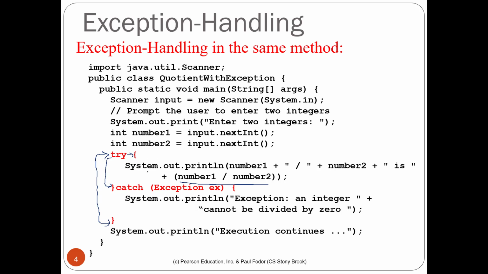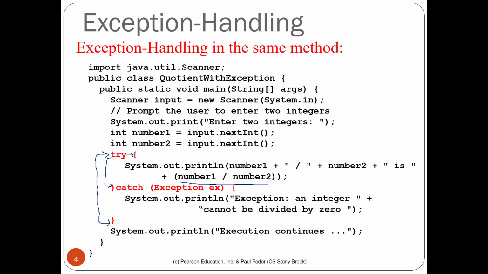So we put that statement in the try block, and for every try block we should have a catch block as well. So we have written a catch block, and this catch is very similar to a method call, if you could recollect. Catch followed by parenthesis, and in the parenthesis we have ex, which is an exception object.